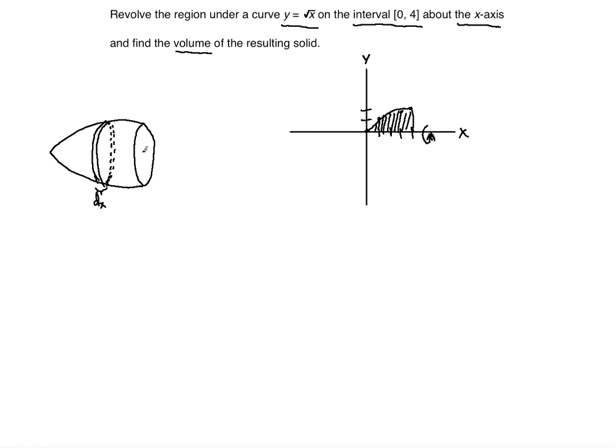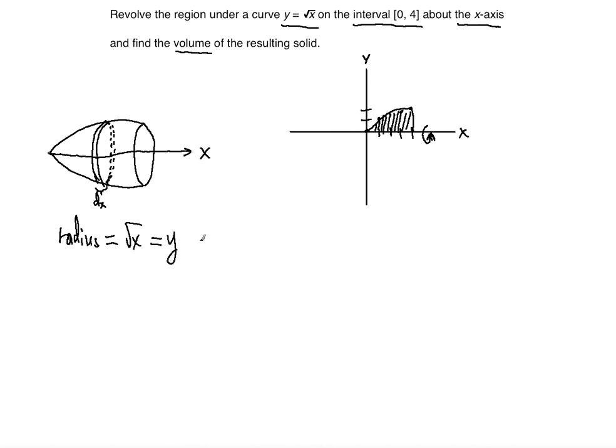I'm drawing it in the same direction as in the xy plane, so this is the x-axis. The dx is going to be the height, and the radius, which will vary for each slice because there are infinitely many slices, will be square root of x, the y value.